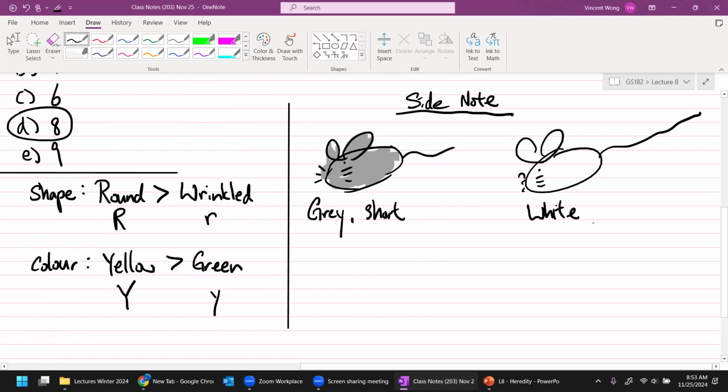This one is white with a long tail. I'm not going to tell you which one is dominant and which one is recessive. I'm going to tell you that they are pure, though. You cross them together, and you get your F1s. And you can see that the F1 are 100%.